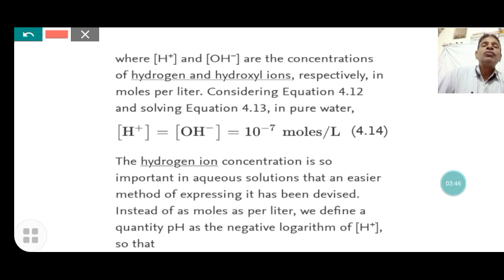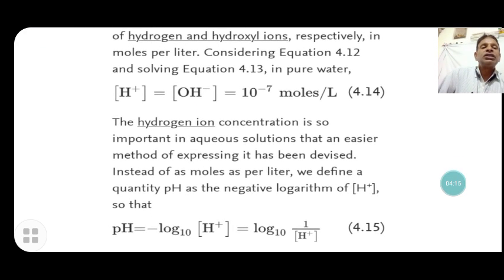The unit of molarity is mole per liter. Considering equation 4.3 with pure water, the concentration of hydrogen ion and the concentration of hydroxide ion are equal, that is 10 to the power minus 7 mole per liter, which is also written as M.